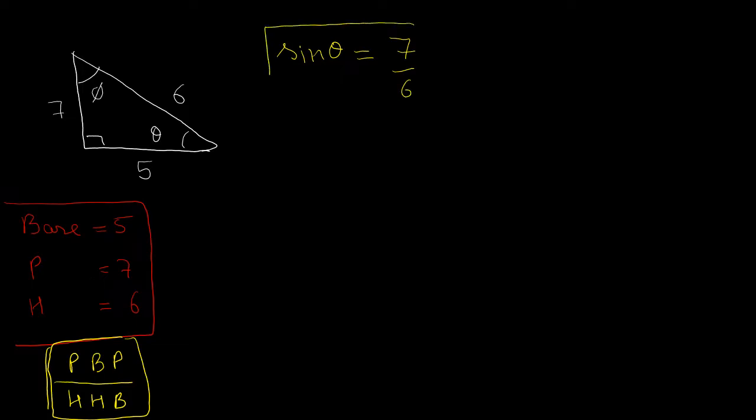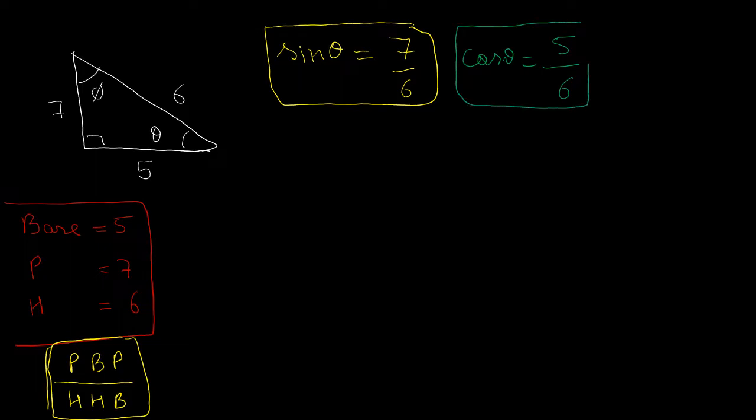So sine of theta will be this. Then cosine of theta. So cosine of theta is base over hypotenuse. Our base is 5 over hypotenuse is 6. So that's going to be the cosine of theta. Then tangent of theta, sine, cosine, tangent. Tangent is perpendicular over base. So perpendicular we have 7 and our base is 5.